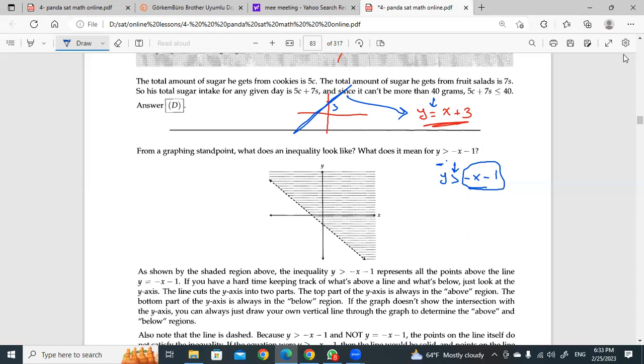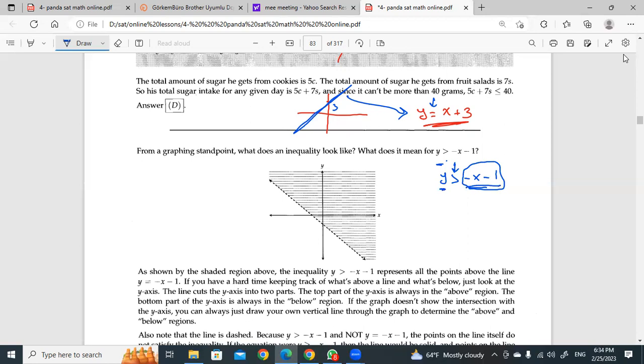And what is the y-intercept? It's -1. So I'm sure that this is the equation of a line, and the line is going down from the left to the right, and it cuts the y-axis at -1. What does this mean? That y is anything greater than, and not equal to, that line.